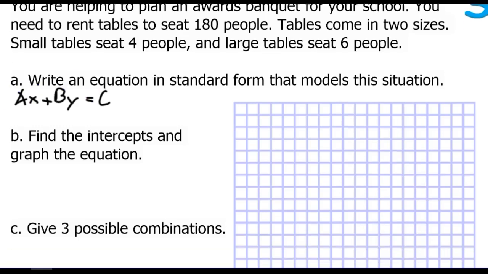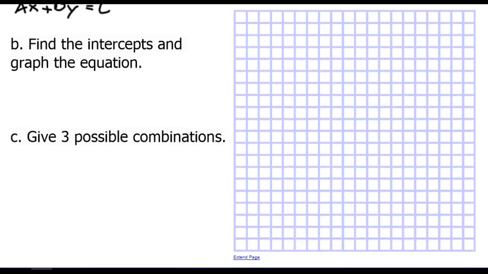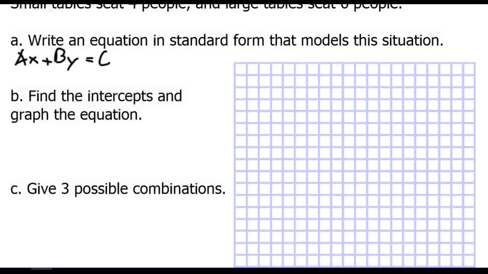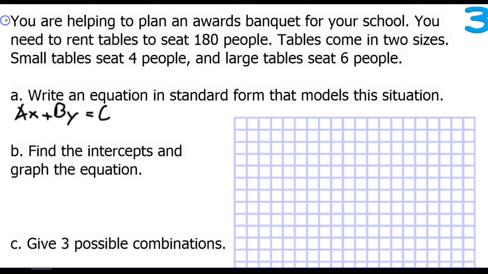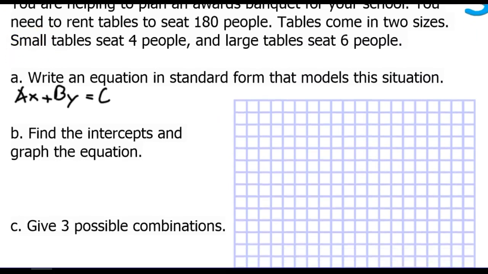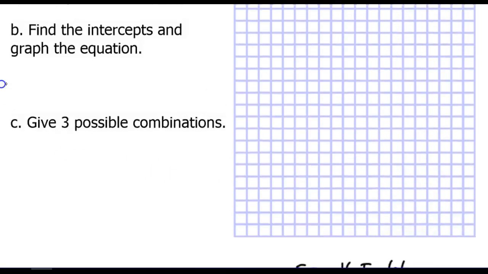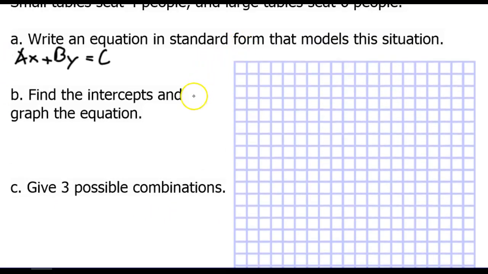So what we have to do is figure out what our x and our y are. I think our small tables should be our x, which makes our large tables our y.